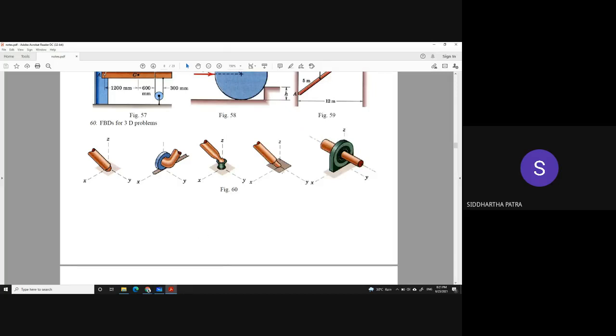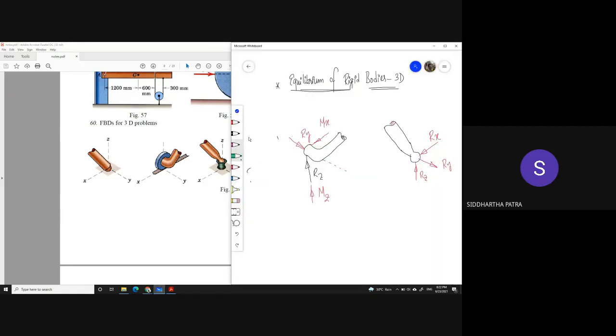Okay. The next example is a fixed joint. So you can imagine a portion of the body is inserted into the ground. And actually none of the degrees of freedom remain. I am not sure whether I mentioned the word degrees of freedom.